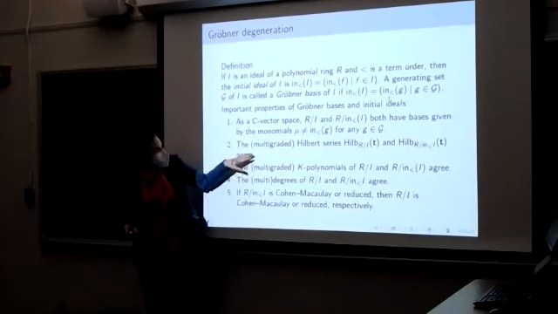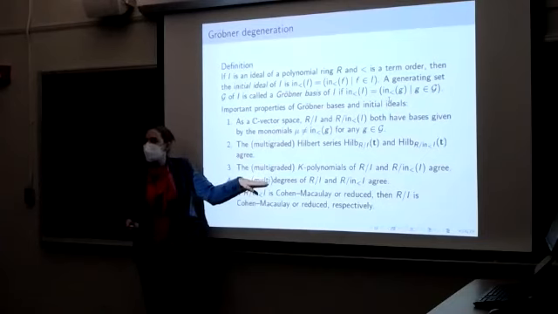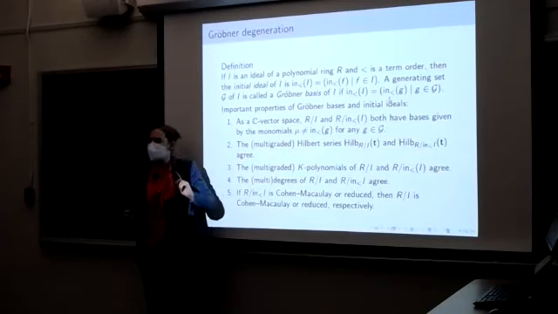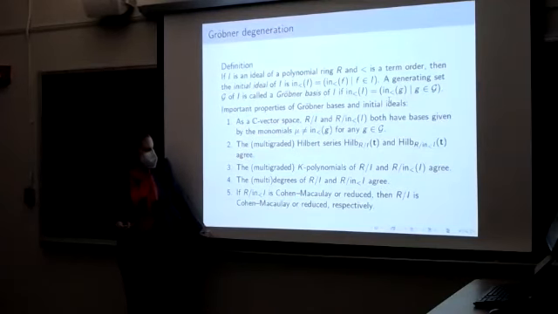And from that, we get that the Hilbert series are the same, the K polynomials are the same, and these multi-degrees, which are these things that don't sound like polynomials but are, agree. So everything about intersections we can capture through Gröbner degeneration. Not everything about them, but degrees.